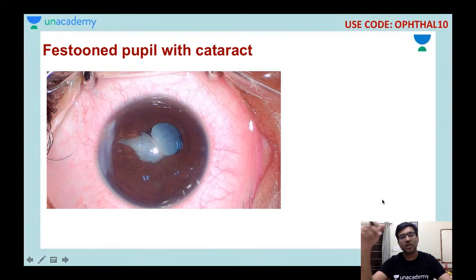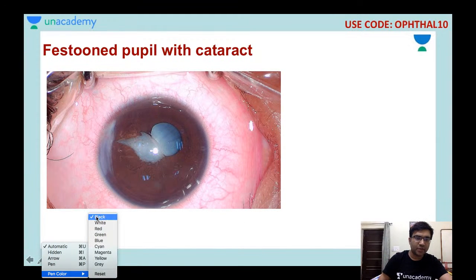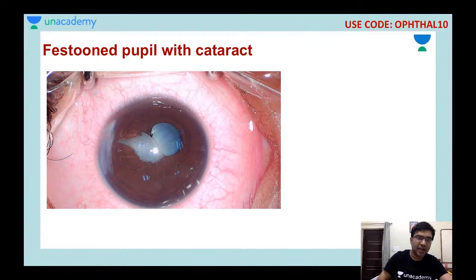Chalo. Then we have another feature which can be seen in uveitis, which is called festooned pupil. What is the meaning of festooned pupil? If you can see in this picture, you have an irregular shape of pupil, because of the adhesion of the iris to the lens at various points.